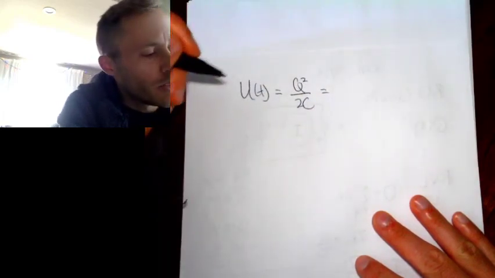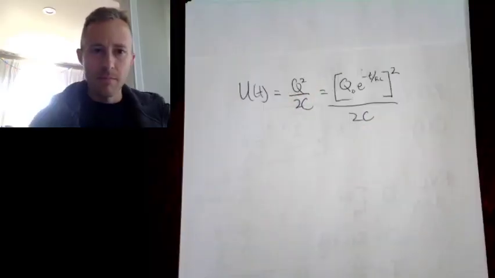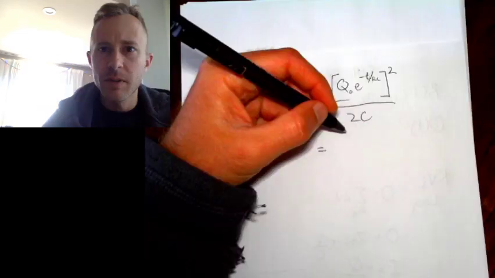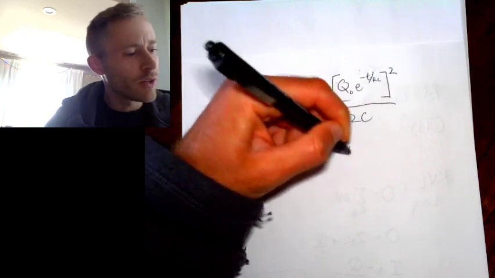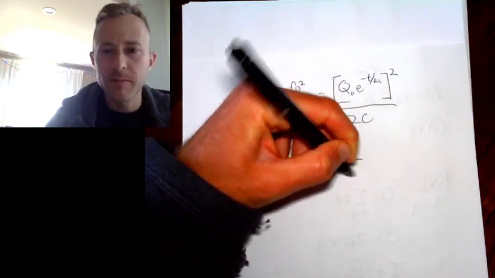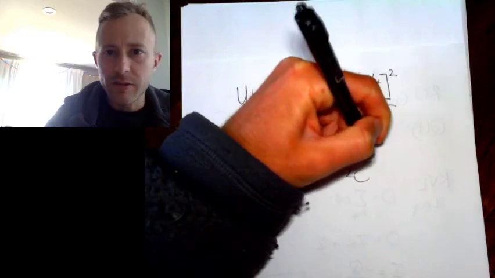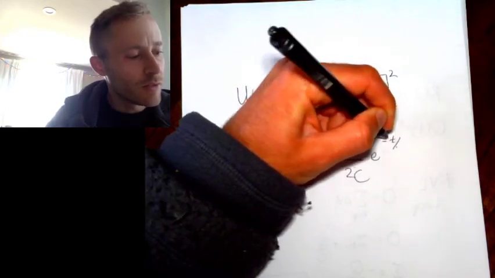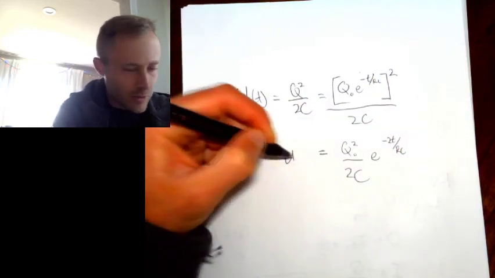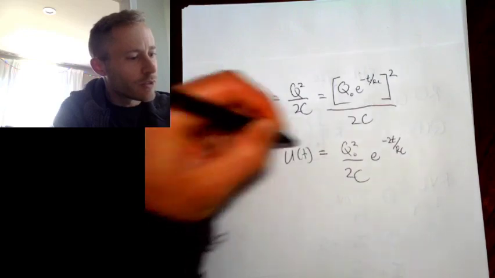So that's going to give us Q naught squared over 2C e to the minus 2t over RC. So that's the potential energy as a function of time.